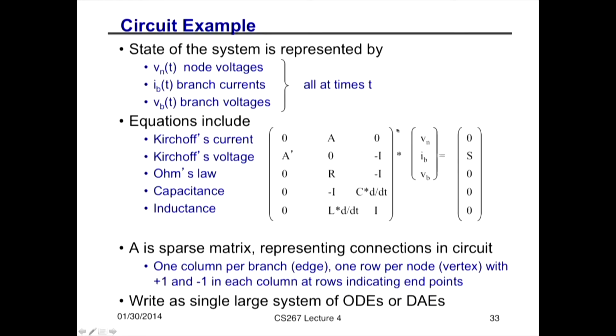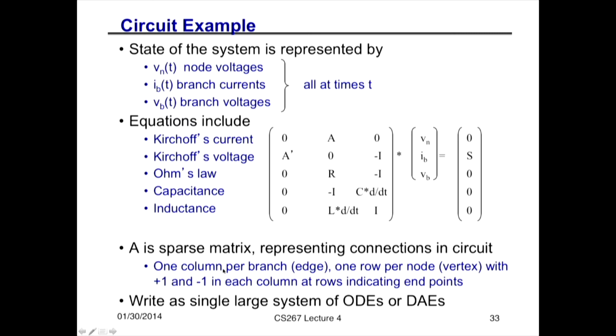The first row is called Kirchhoff's current law. That just says that all the electrons that flow into an intersection of wires have to flow out again. I'm going to encode all of that by this big sparse matrix A. So this first thing says that A times the currents equals 0. What is A? It's a matrix which is almost all zeros, but there are some plus ones and minus ones in it that say who's connected to whom.